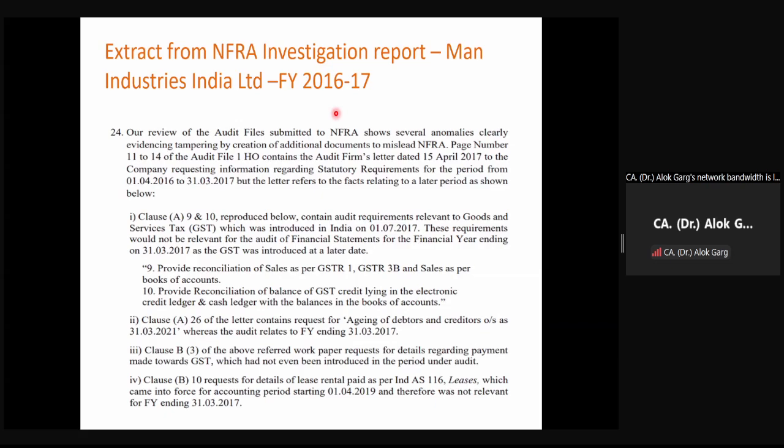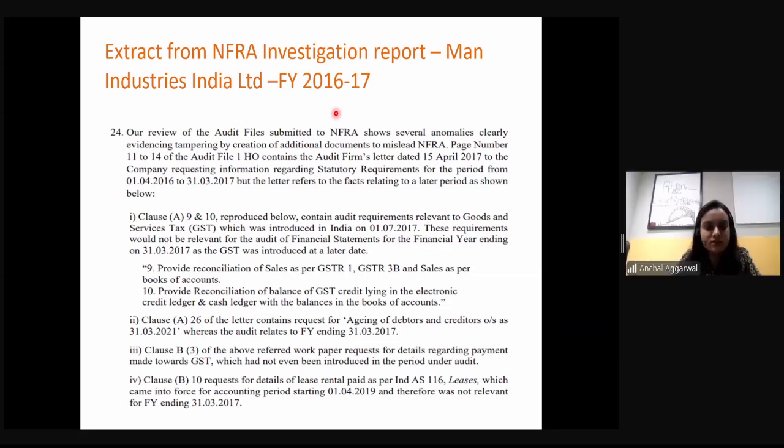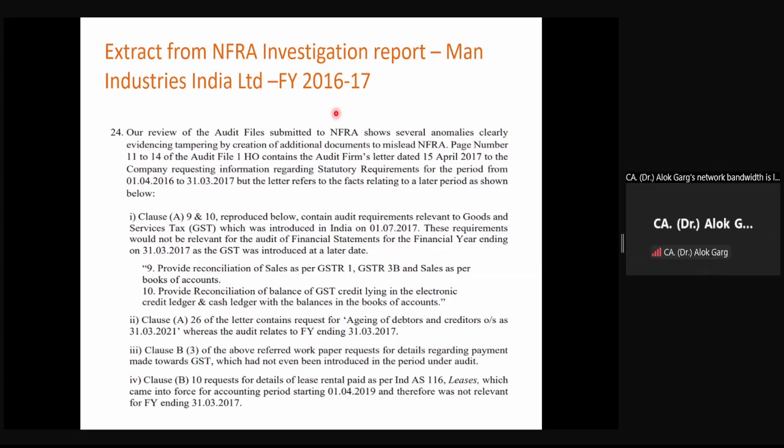The applicable standard in financial year 19-20, the recent financial statement, was 116. And the auditor has requested the information for 16-17 as per Ind AS 116, the standard which was not applicable, which was not notified at that point of time. MCA notified it in March 2019, right? So what does it mean?